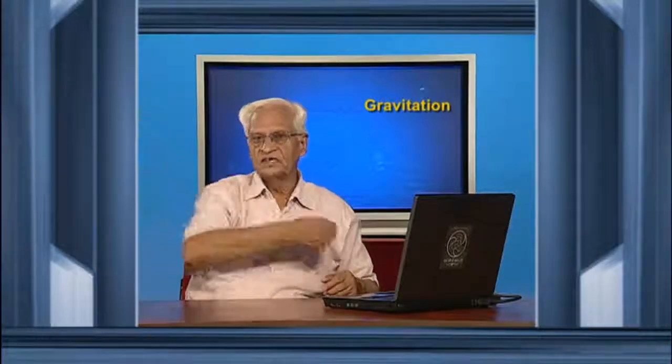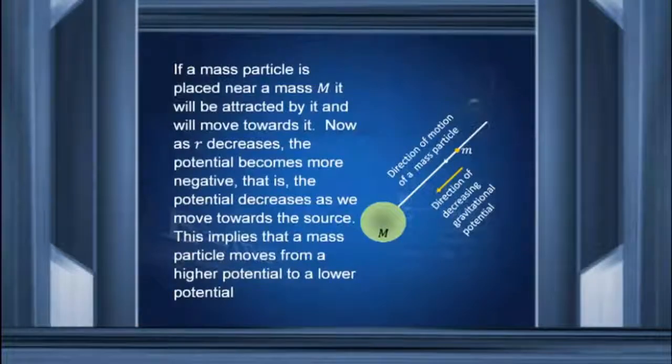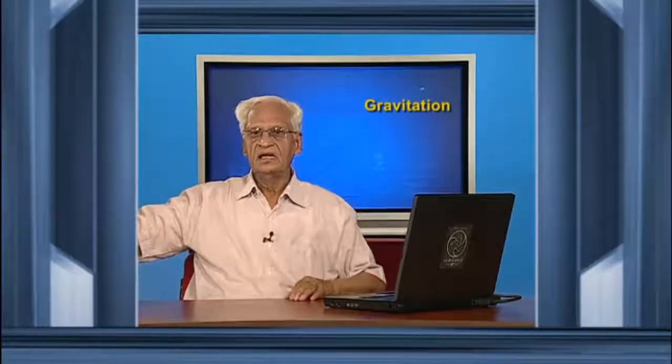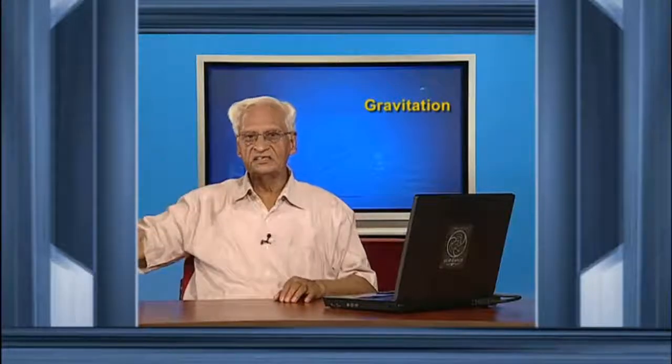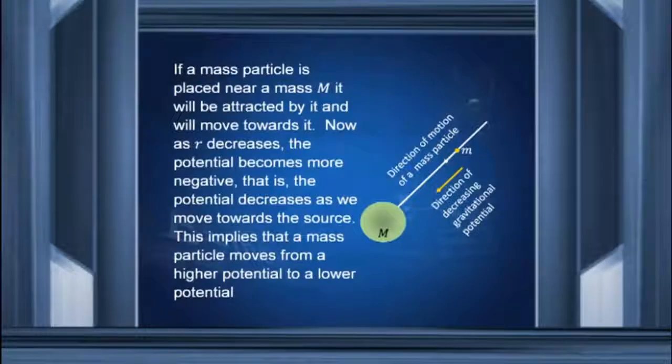So, work is done in moving this particle from infinity to that point, and that work is the potential at a distance r. And it also means this: at infinity the potential is 0, near us the potential is minus. So, the potential is decreasing. So, the particle is moving from a higher potential to a lower potential.